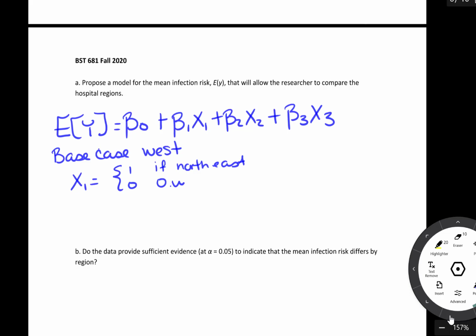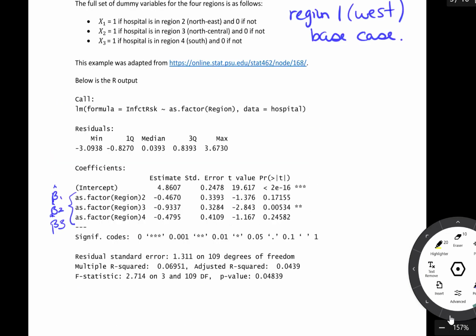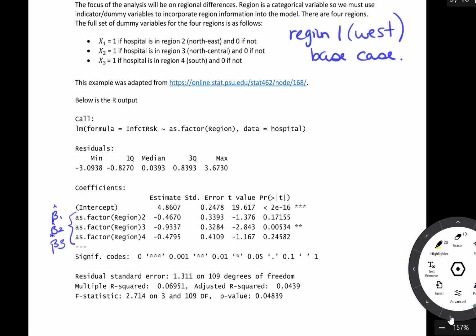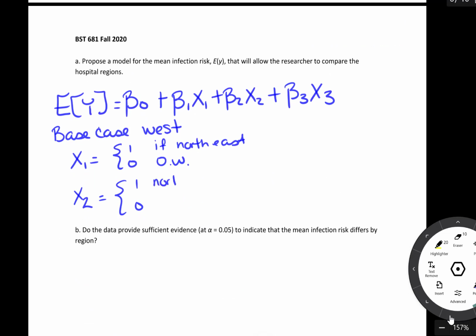Zero otherwise. Looking at x2, x2 is region 3, which is the north central. And again, 0 otherwise. And then x3, that one was the south. And again, 0 otherwise.